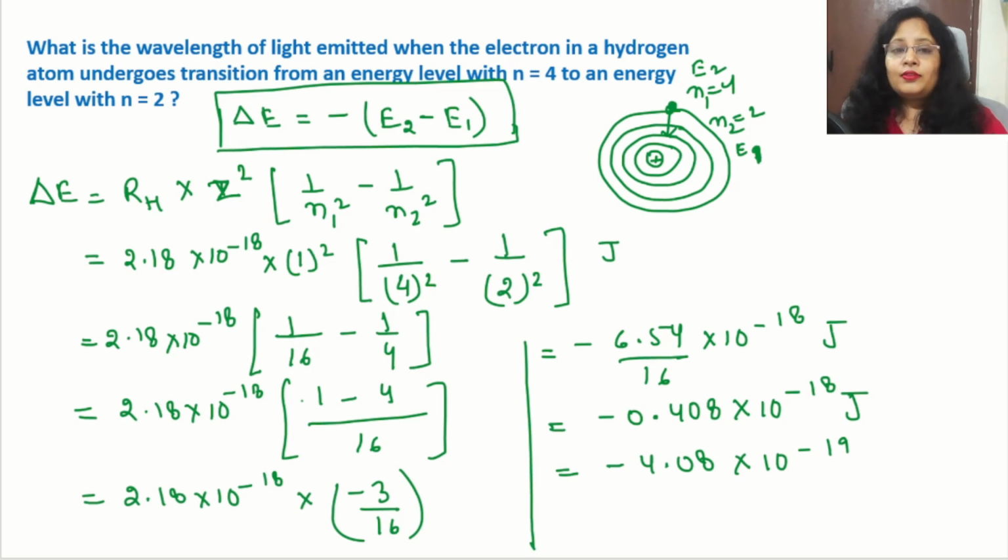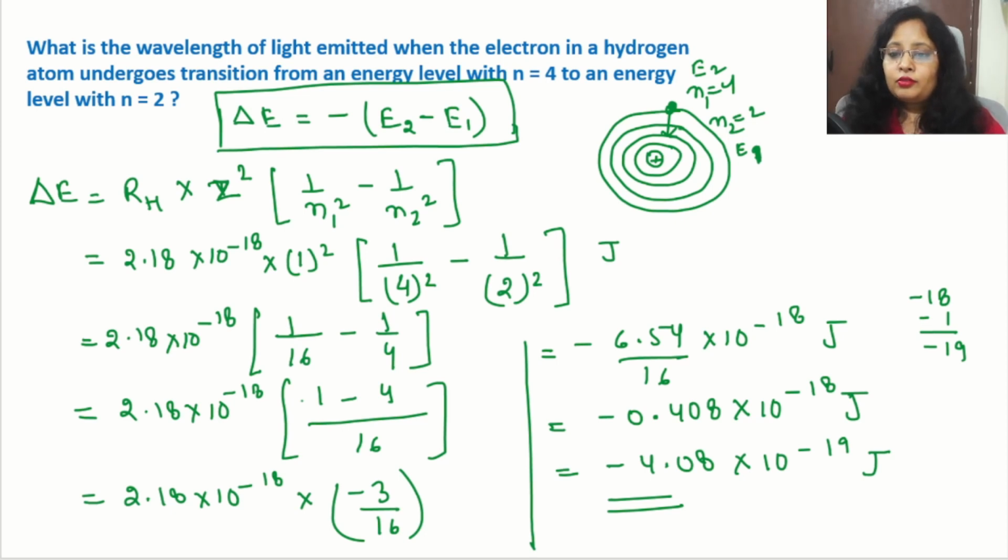How? Shifting one step rightward means adding minus 1. So already minus 18, minus 1, it becomes minus 19 joule. So this is the value of the delta E, that is the energy difference from n is 4 to n is 2 we counted.